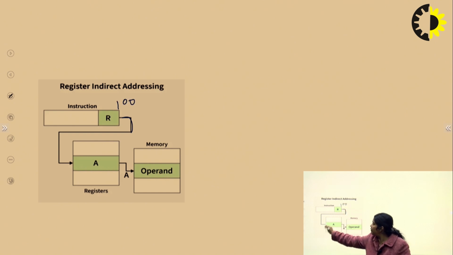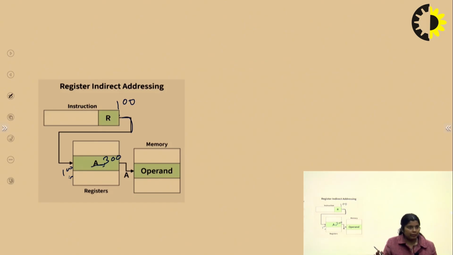This 100 points to a memory location that contains, suppose, 300. At this time I am not getting the operand; I am getting, indirectly, the address of the operand. It means this 300 is the operand address. That is the indirect addressing mode.